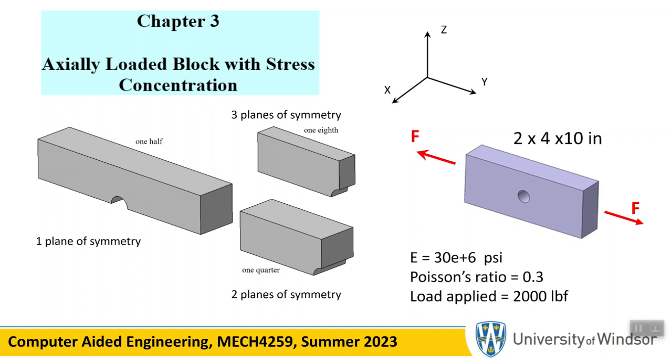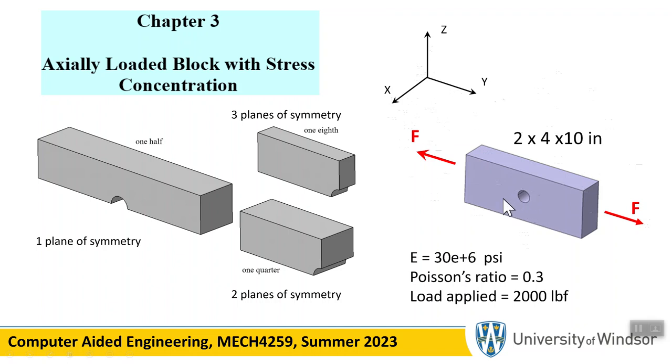Okay. Now, if you look at this problem, you see that this problem can be modeled or simulated exactly as it is. But if you also look at it, you realize that YZ, XZ and XY are all planes of symmetry.